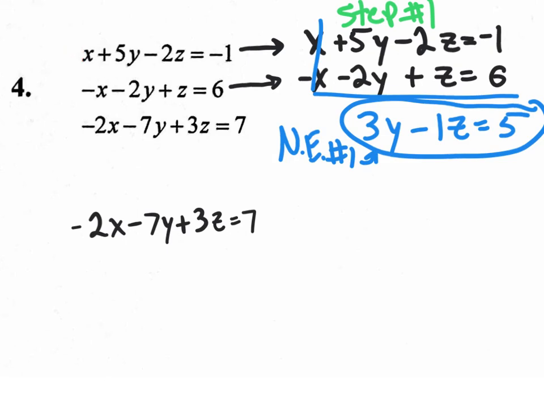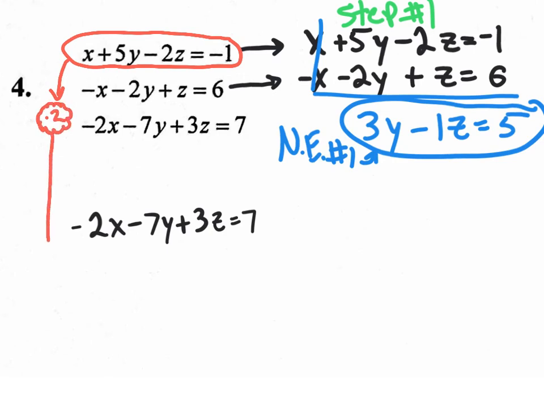If you want to save some time, you could do this. I'm going to circle it, and I'm going to draw an arrow, and as I'm drawing an arrow down, I'm going to put multiply times 2 in a little cloud. That way, when I write it down here, I'll already have modified it by multiplying by 2. So I'll have 2x, I'll have 10y, I'll have negative 4z, and I'll have negative 2.